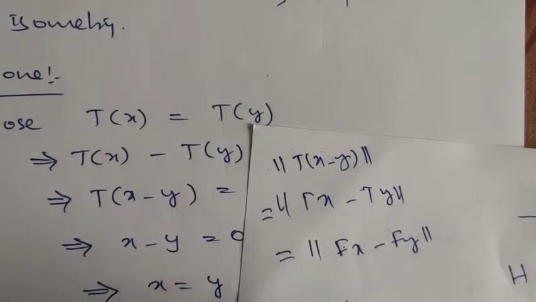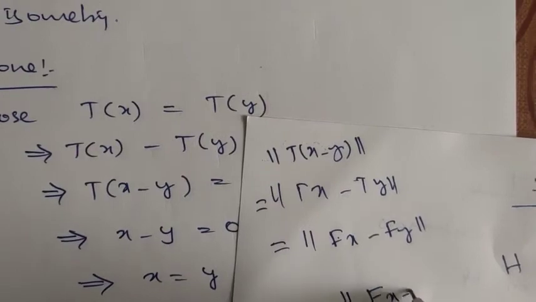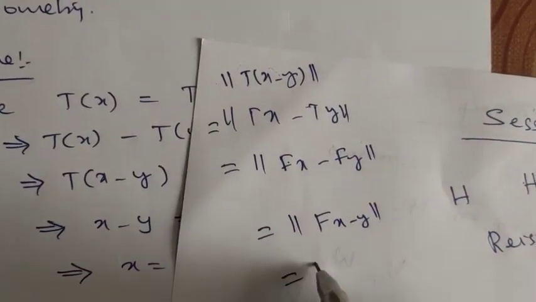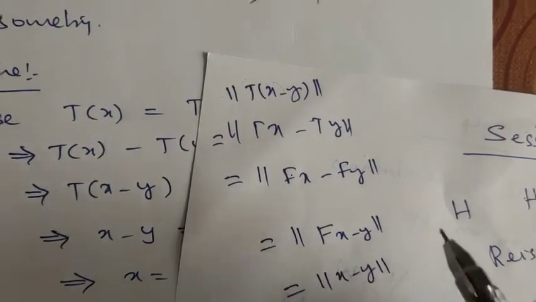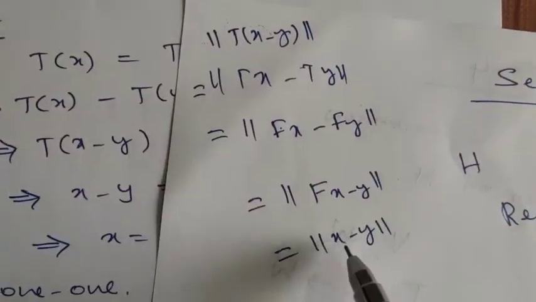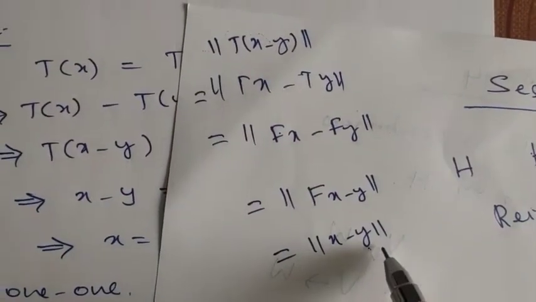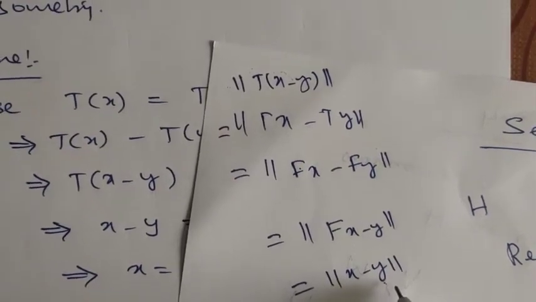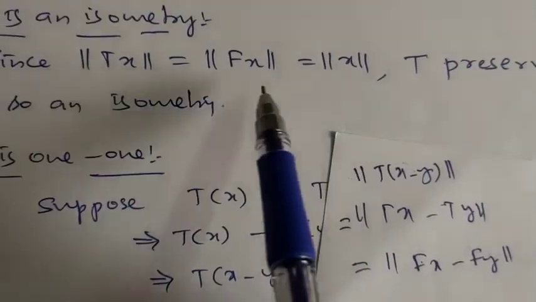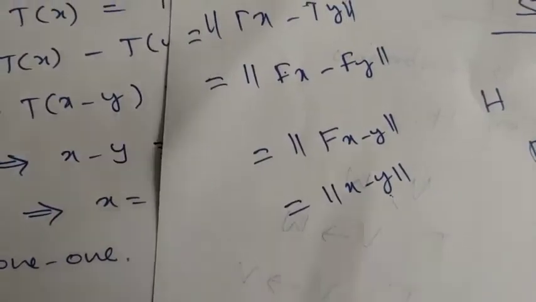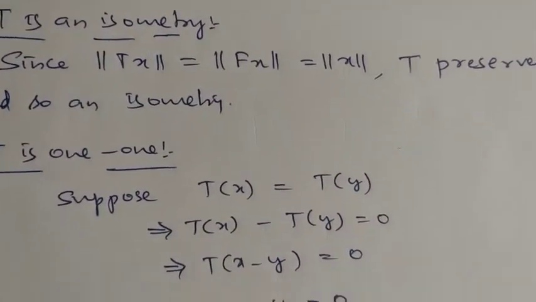So this is equal to what? Norm of F of x minus y. We can write like this. Norm of F of x minus y is norm of x minus y. So norm of T of x minus y is the same as norm of x minus y. Therefore T is an isometry, since it preserves norms.